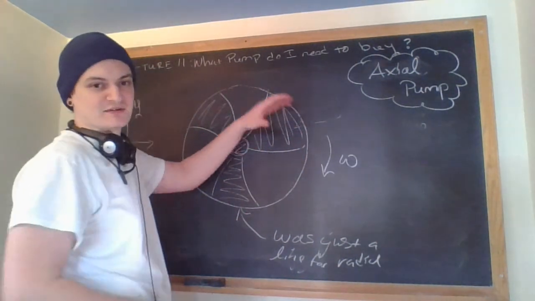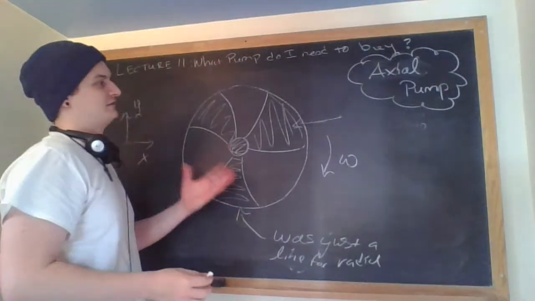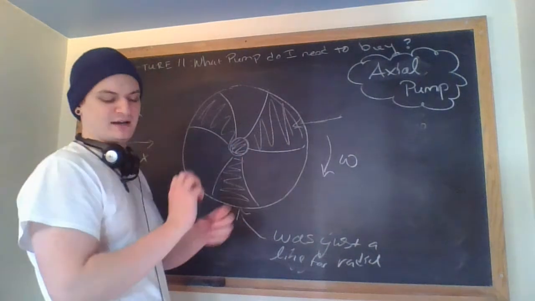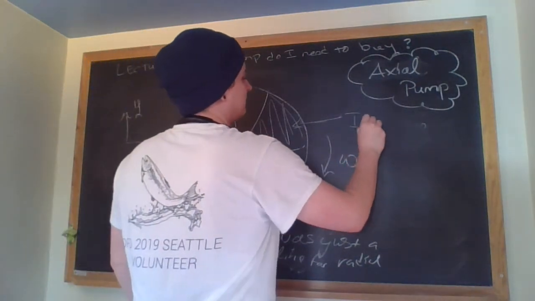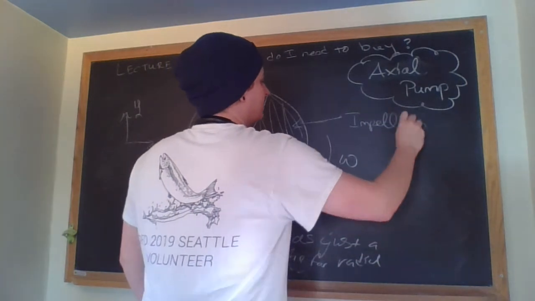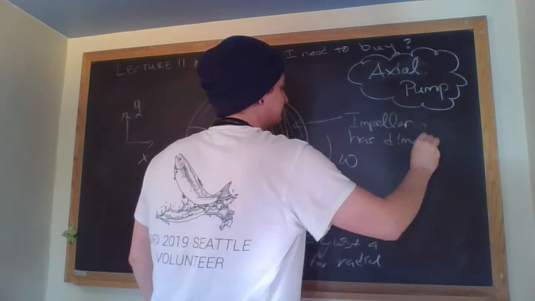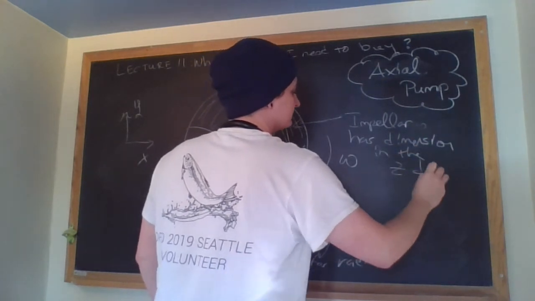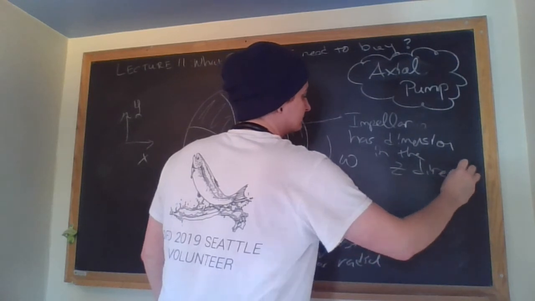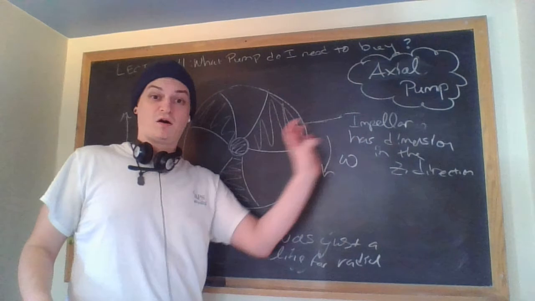This is not where fluid enters. This is actually the impeller. So for an axial fan, that's how it's actually doing. And if you looked in all of the radial coordinates, the impeller actually has a dimension in all of the variables.